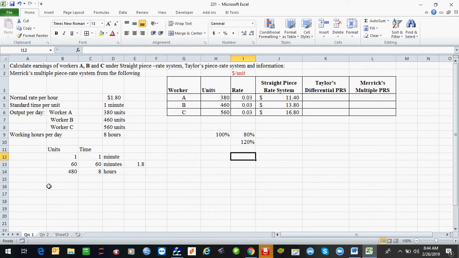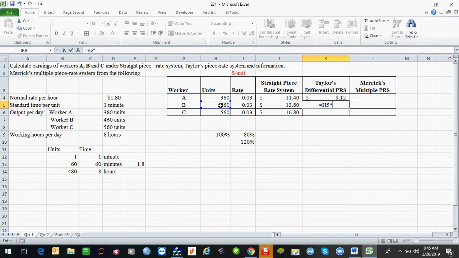Here A produced 380 units, which is less than 480 units. So we are going to pay at 80%. We calculate it as number of units produced times the rate times 80%, which is $9.12. Same applies to worker B, who produced 460 units, less than 480 units.